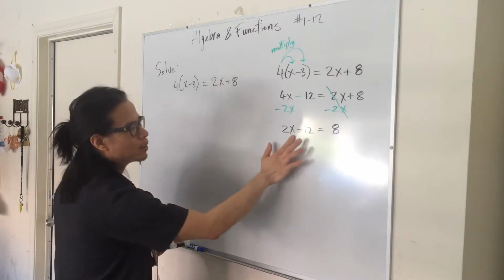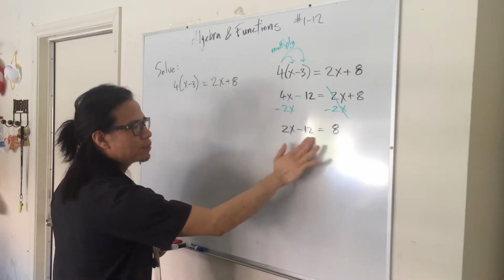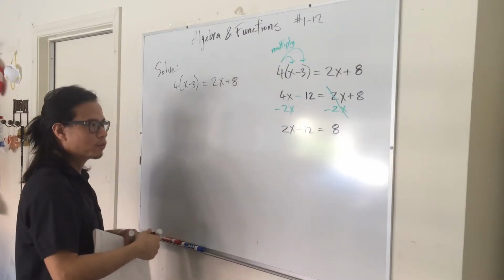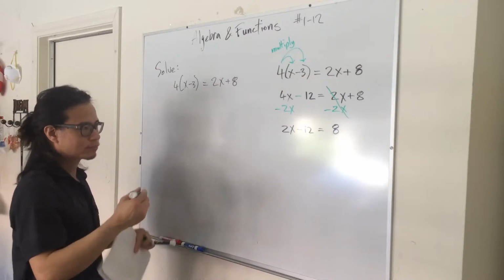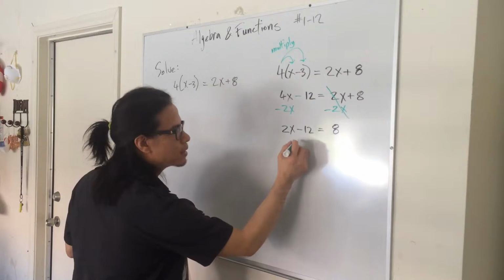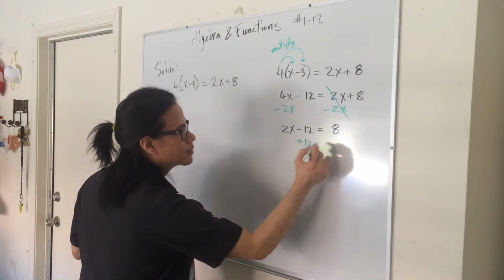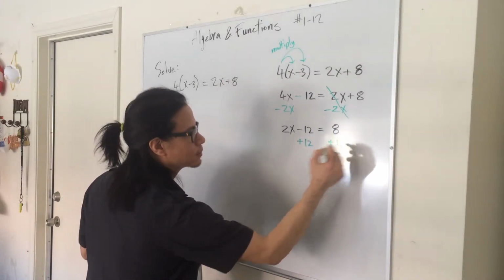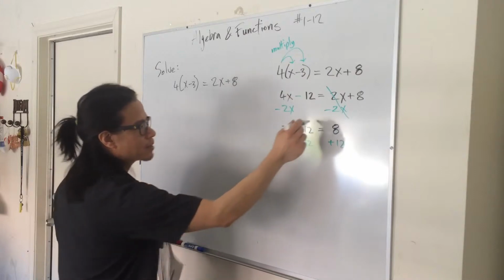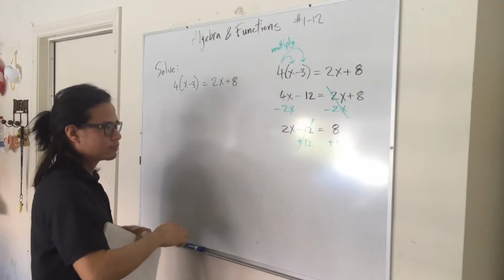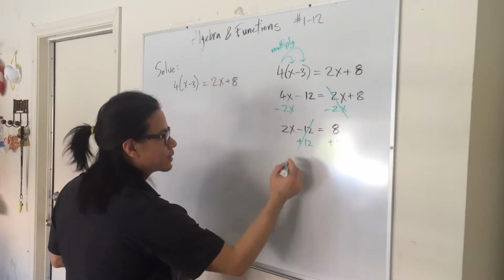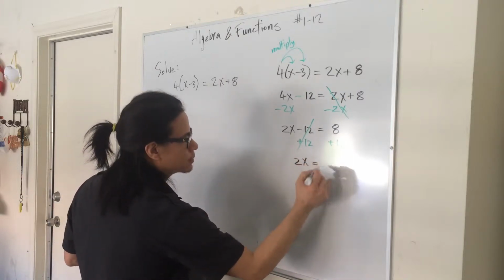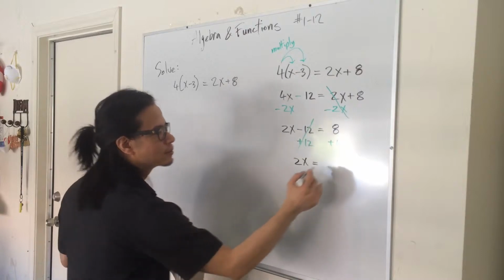In order to get x by itself, let's get rid of the minus 12 here. What is the opposite of subtract 12? Let's add 12 to both sides. That cancels out. All that we have left on the left is 2x is equal to 8 plus 12.